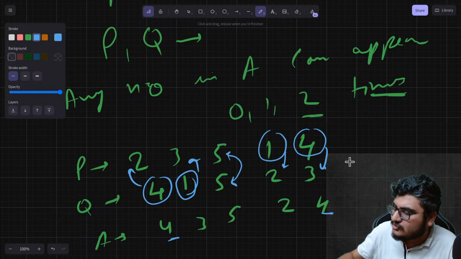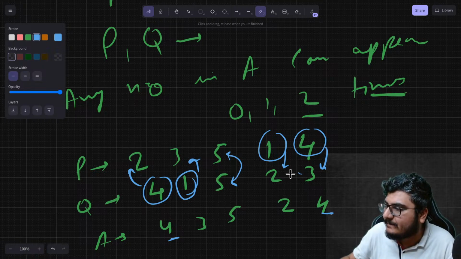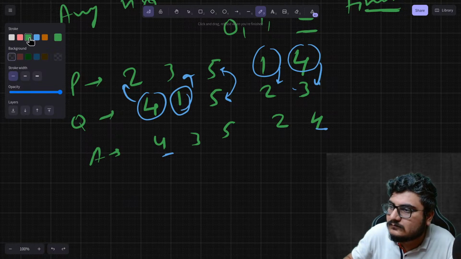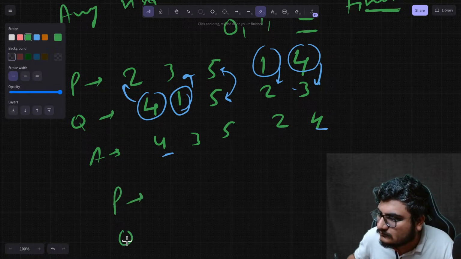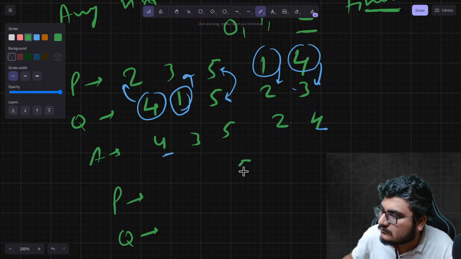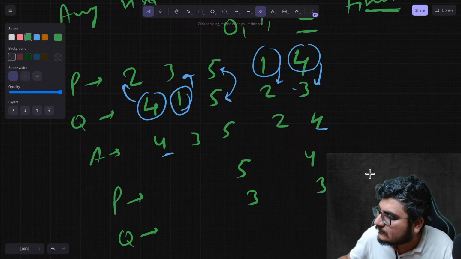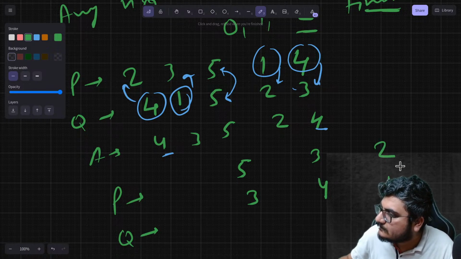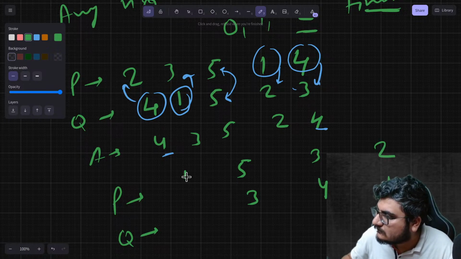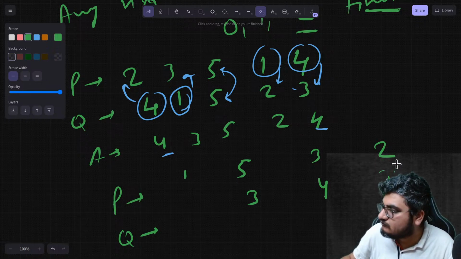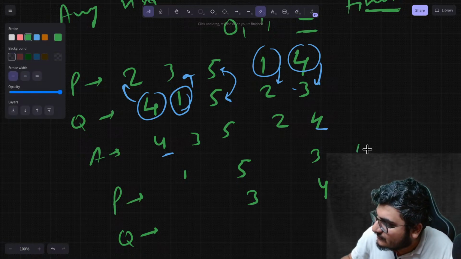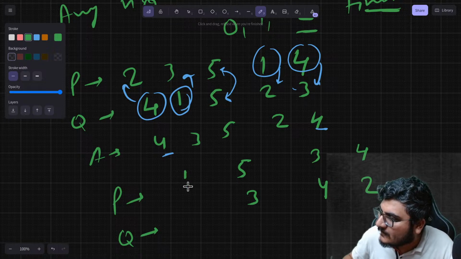In fact, it's also possible to get some different pairs as well. Let's choose some other permutations. I'm just trying to create some permutations here: 5, 3, 4, 3, 3, 4, 2, 4 and 4, 2, 1, 5.